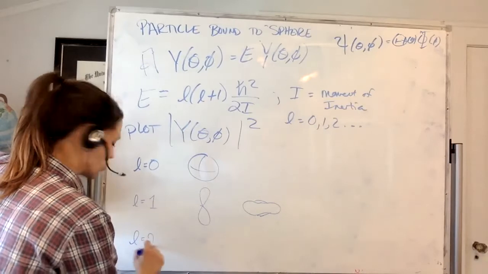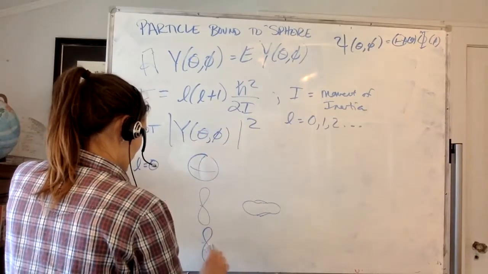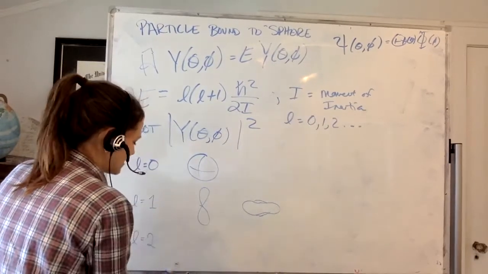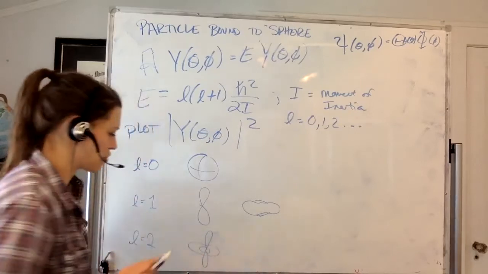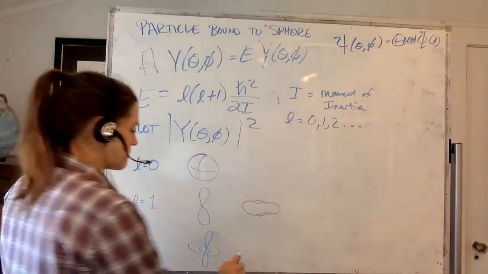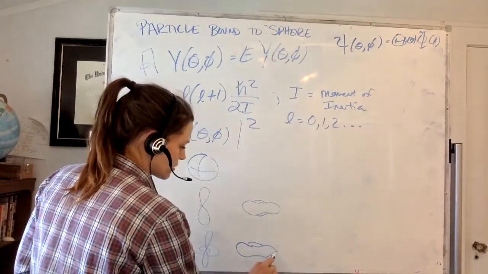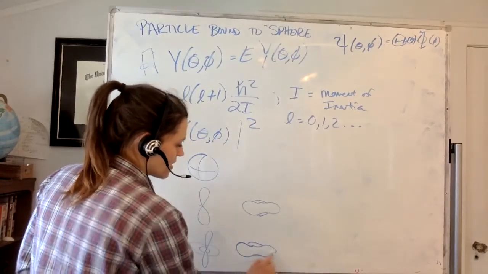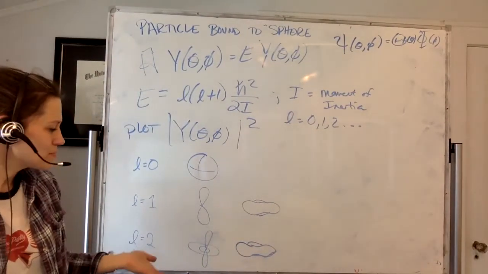And if I do L equals 2, I get something that looks like this. Actually, it's a lot thinner at the top, and it's got kind of this roundish thing around it. Go team. And then I've also kind of got this funky donut-like shape. Anyway, so I get these more and more complicated shapes.